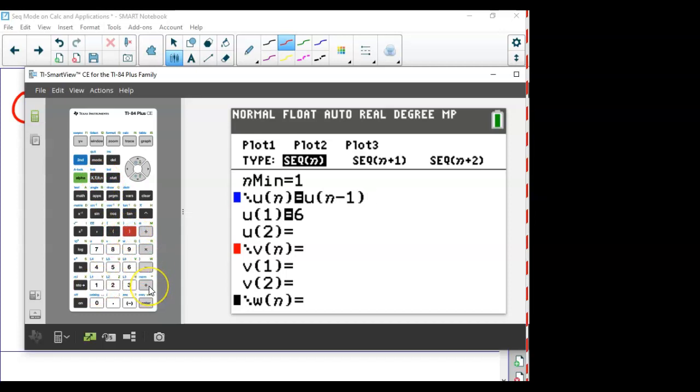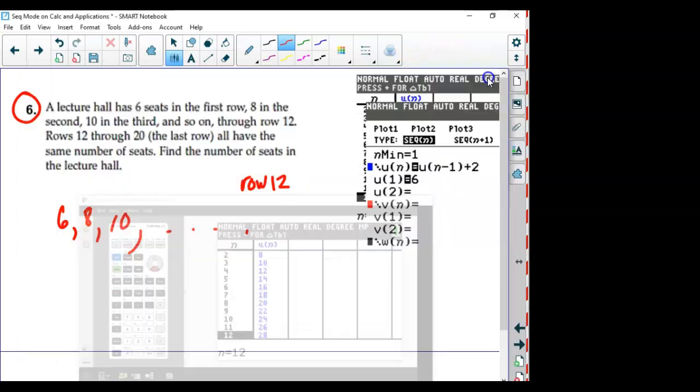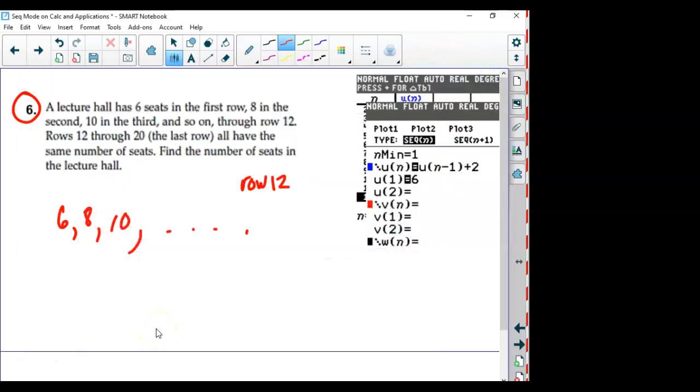And did it go up by 2? Is that what we were doing? Okay, so plus 2. Then if you go to the table, so second graph, what does row 12 have? 28. So this kept going up, and row 12 had 28 seats.